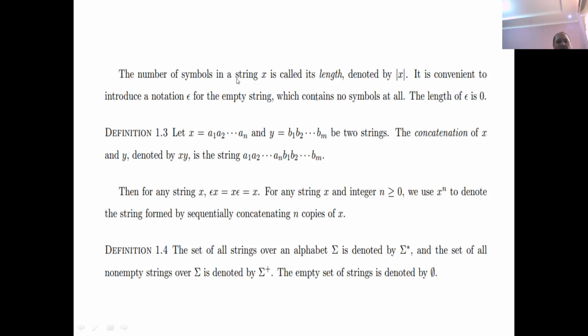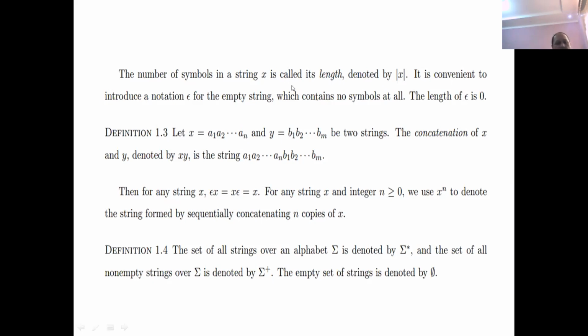The number of symbols in the string x is called its length. For example, if x consists of 2 elements, A and B, the length of the string is equal to 2.